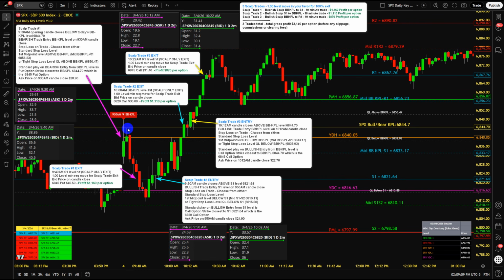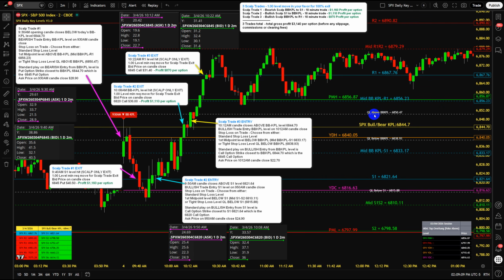Now your stop loss on this bearish trade, you have two choices, either the QL above, the level you're taking the trade off of, the bull bear KPL, that's your tight stop loss on this bearish trade, or your standard stop loss is the midpoint level above the bull bear key price level, the mid BBKPL R1.